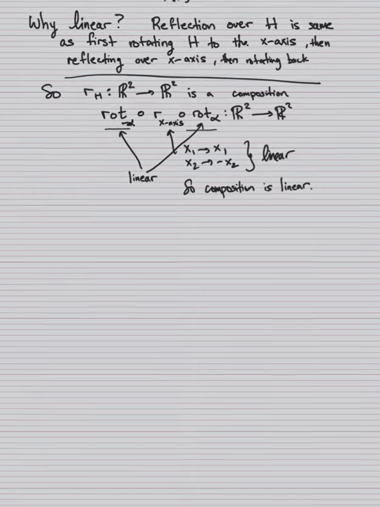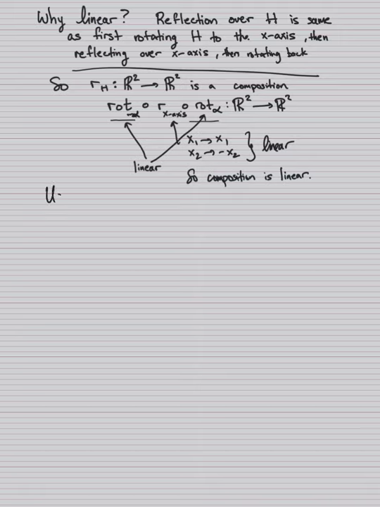So this is a useful trick, which just comes up all the time. Decompose a function into simpler components. I mean, you can argue whether a reflection is simpler than a rotation, but we already worked out what these are.